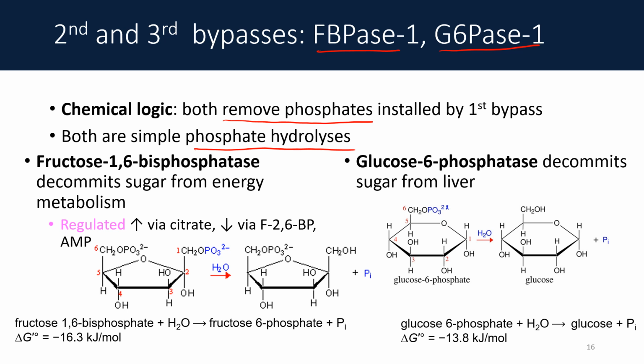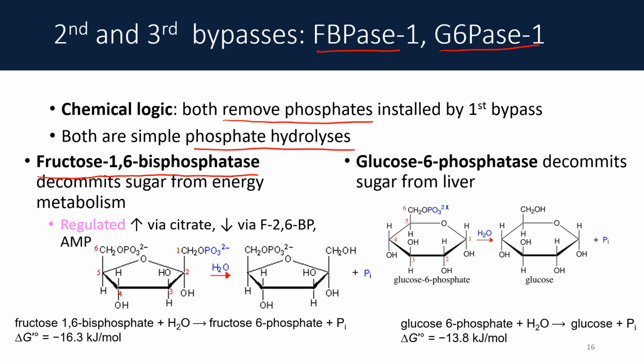Now let's talk a little bit more about the specific role fructose 1,6-bisphosphatase does. Its job specifically is to decommit sugar from energy metabolism. All right? You can think of this as the spiritual reverse of PFK, phosphofructokinase, and its job was to commit sugar to energy metabolism.